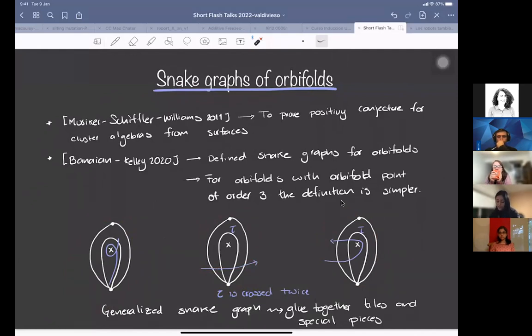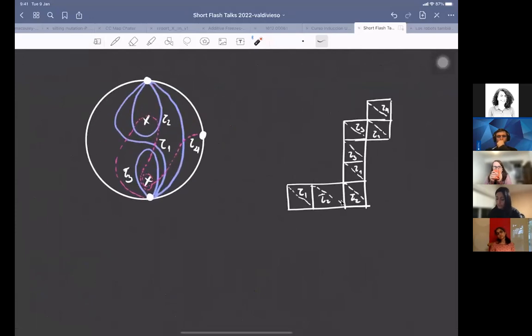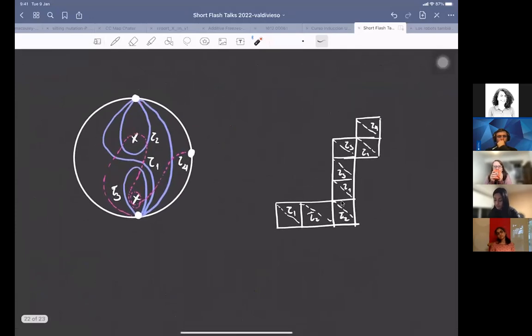So basically, the snake graphs in this case are defined by gluing together the usual tiles plus these special pieces. I want to show you an example. So we are considering this surface and this arc, and this part of the arc is given by this part of the tile.